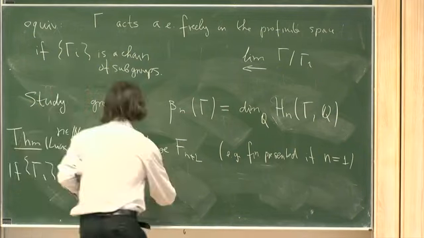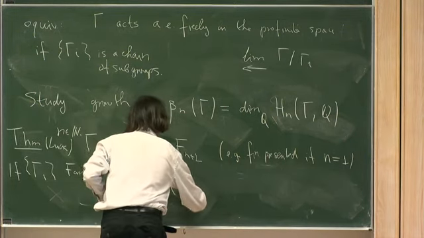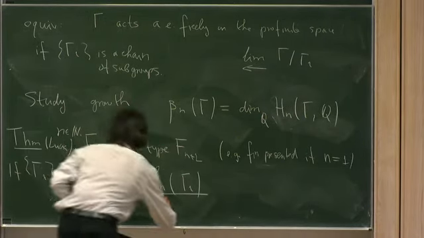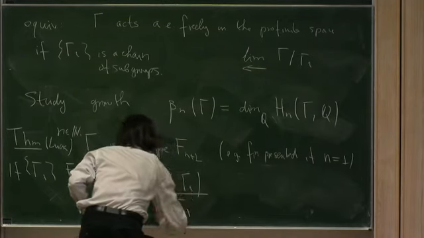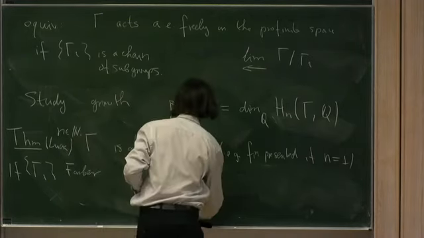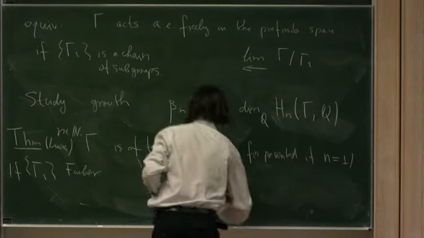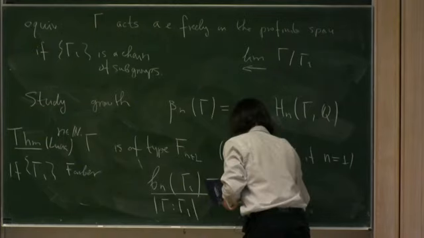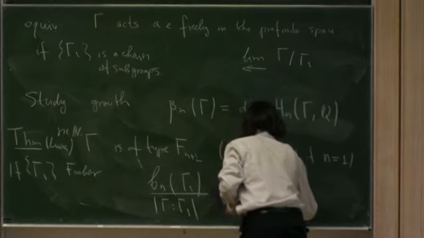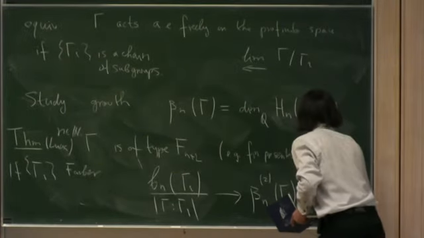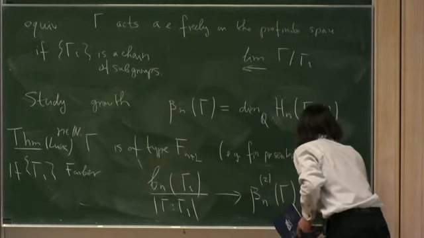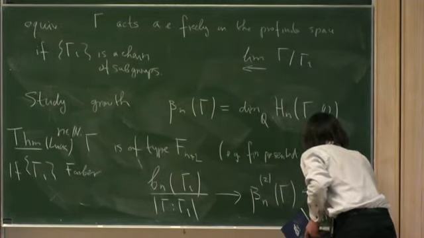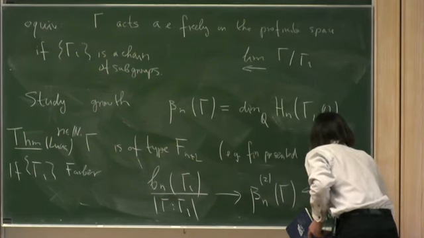Then if you look at the nth Betti number of Gamma_i and divide by the index of Gamma_i in Gamma, this always tends to a limit, which is beta_n^(2)(Gamma), the nth L2 Betti number of Gamma.